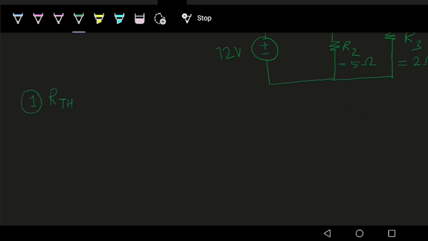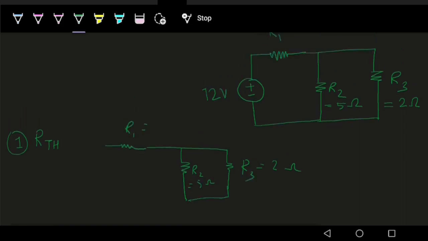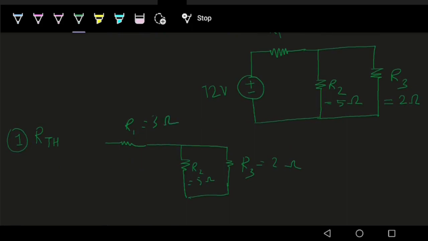The concept was such that to find RTH we need to disconnect the load. R3 is our load, which is 2 ohm. R2 is 5 ohm, R1 is 3 ohm, and we have one voltage source, 12 volt.